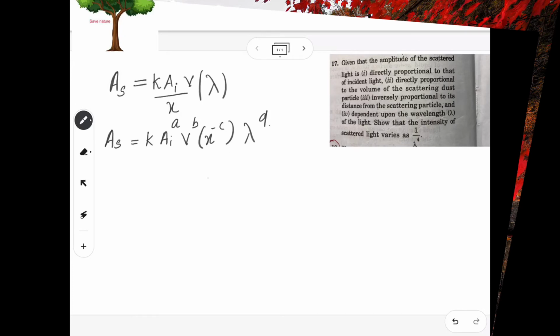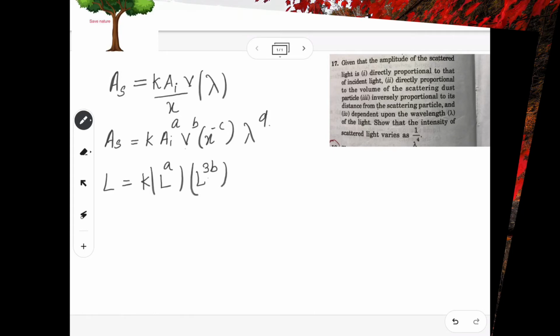Now what I am going to do is write the dimensions of LHS and RHS. AS is an amplitude, so amplitude has a dimension L. So L equal to K times the dimension of AI, which is also L, so L raised to A, into the dimension of V, which is volume, that means L cube, so L raised to 3B I can write.